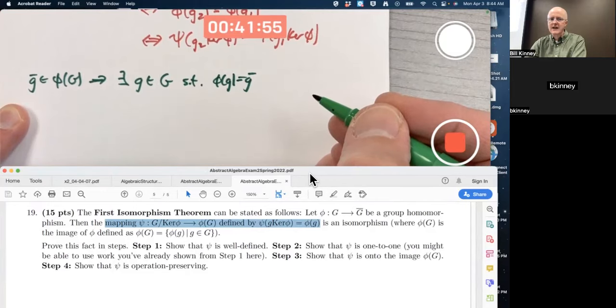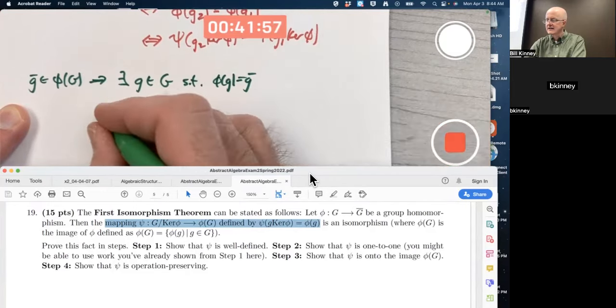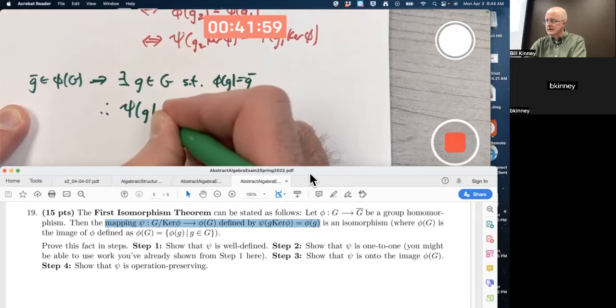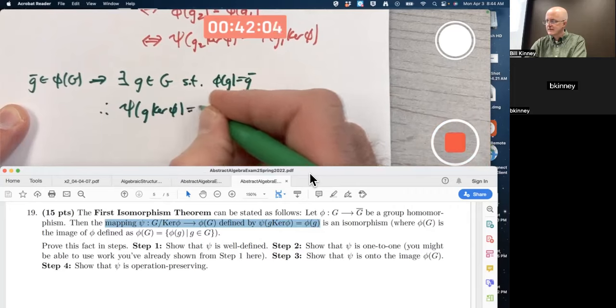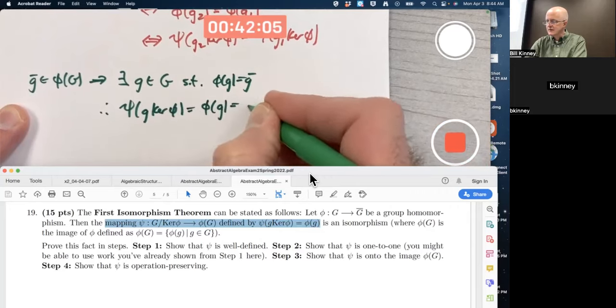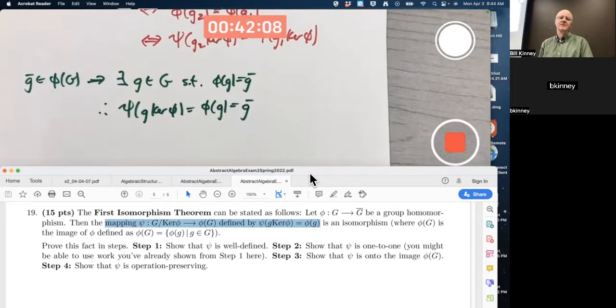And by the formula for psi, you're done. The left coset g curve phi will be something like it's mapped to g bar.